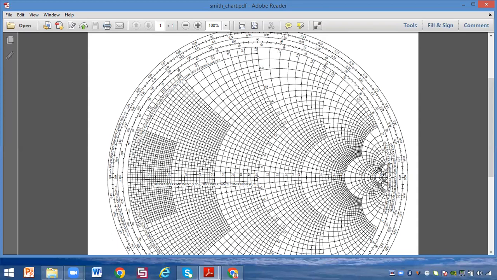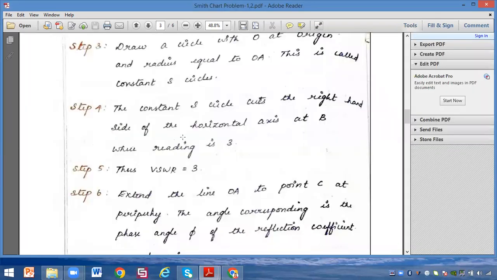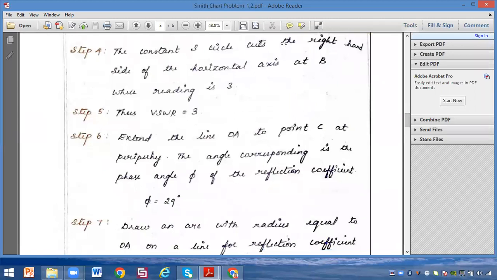Where it cuts the right hand side, that value is the voltage standing wave ratio. So the voltage standing wave ratio is equal to 3. That point is B and the reading is 3.